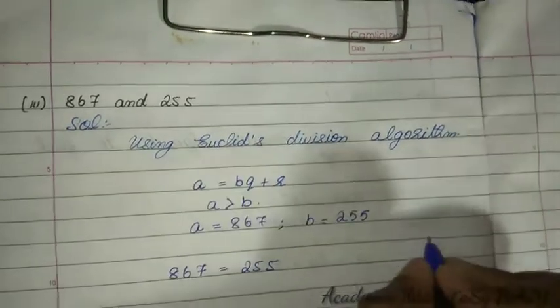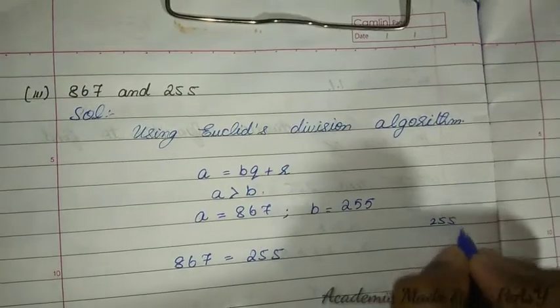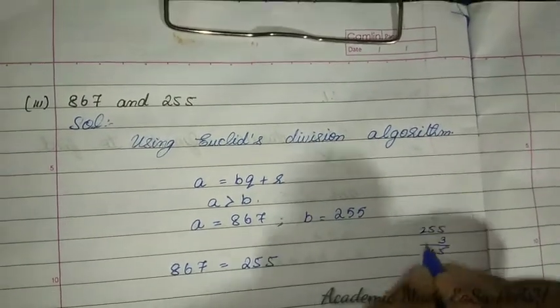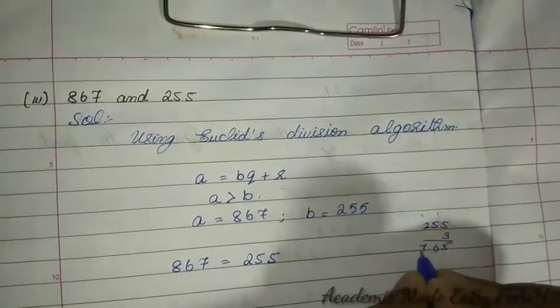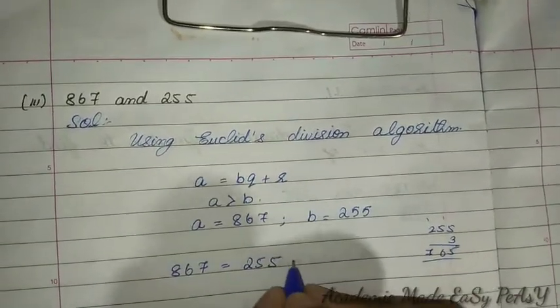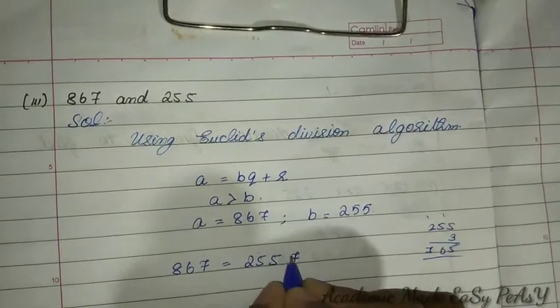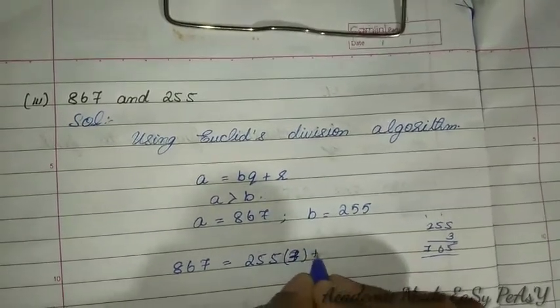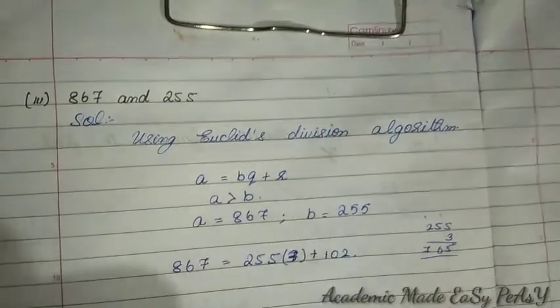If I multiply with 3, I will get 765, which is very near. So I will have 3 plus 102.